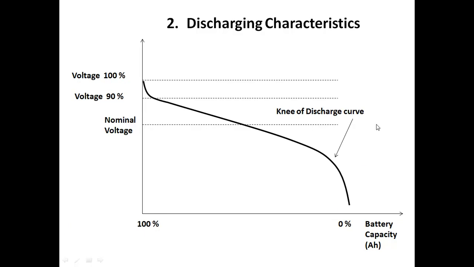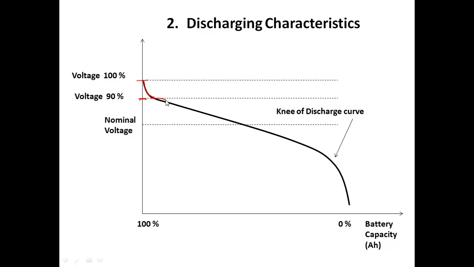Next is the discharging characteristic. So here we are using 2 marks, that is 100% mark and 90% mark. Once we start to use the battery and the battery gets drained, the initial fall of voltage is very high. The rate of change of voltage is very high to 90%.